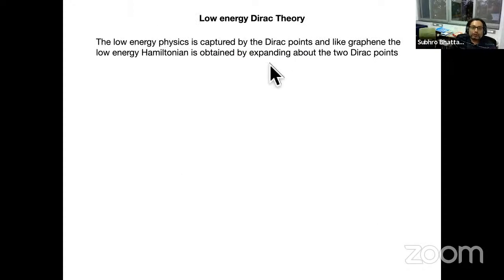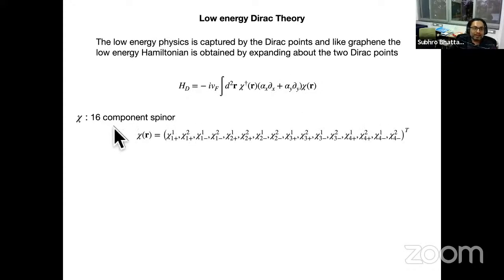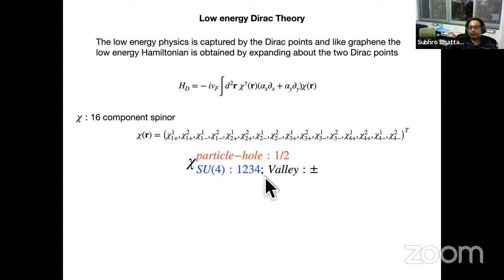Okay, so then we go about constructing the low energy Dirac theory in terms of spinors, somewhat similar to graphene, but now we have a 16 component spinor, because I have the upper band and the lower band for the Dirac basis. Then there is an SU4 structure which gives rise to 4 flavors, and then there are 2 valleys.